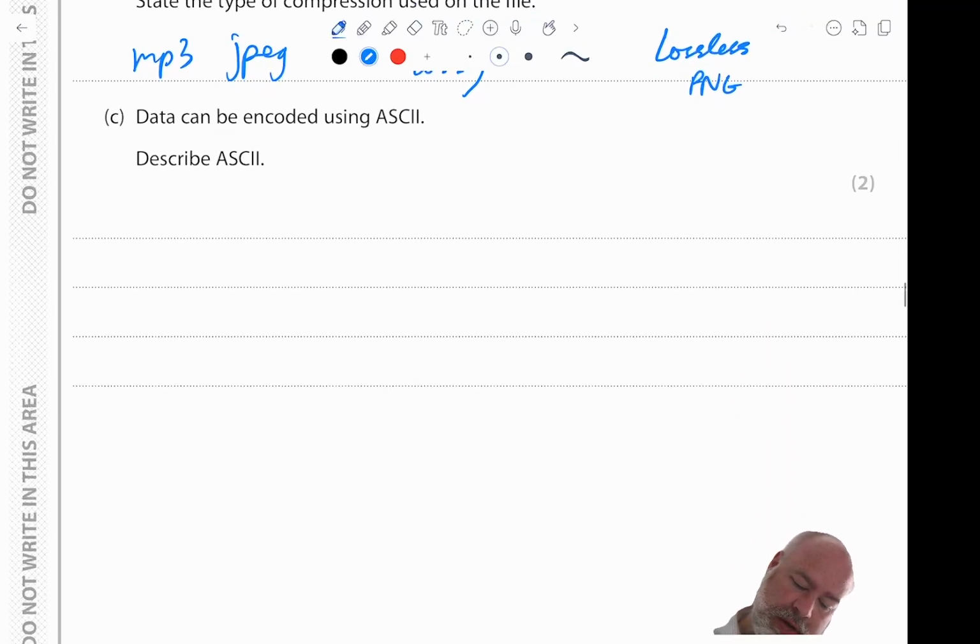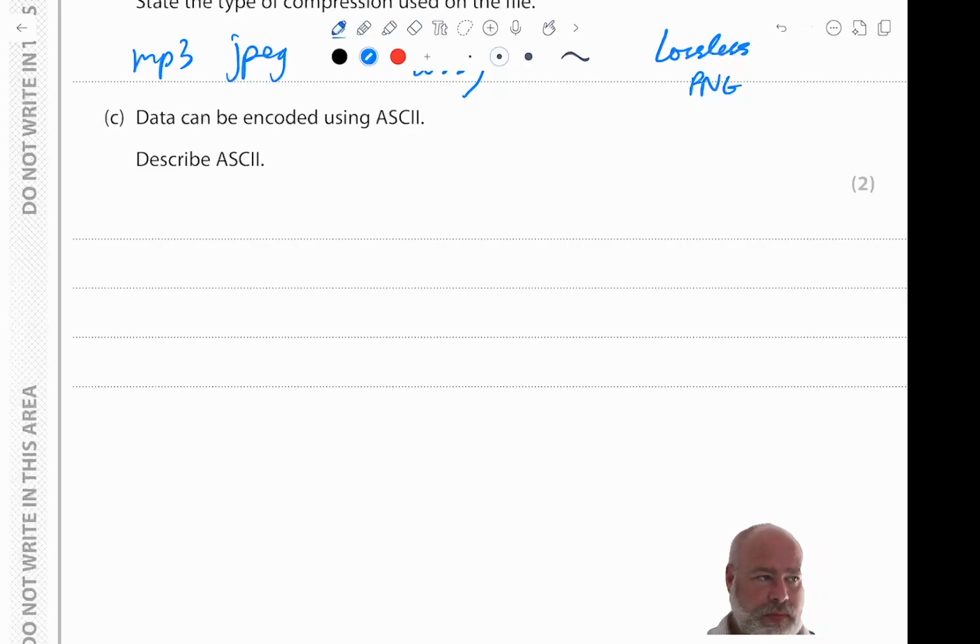Data can be encoded using ASCII. Yeah, it's an American standard for character encoding. Describe ASCII. Okay, fine. So it's a standard. Just remember what that S stands for.